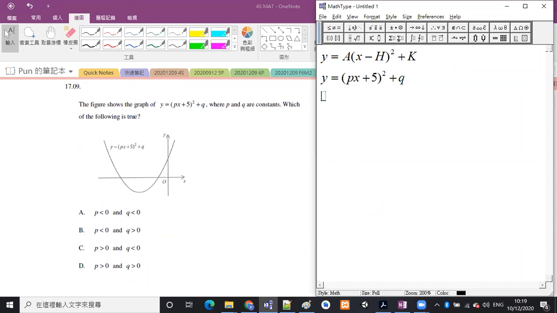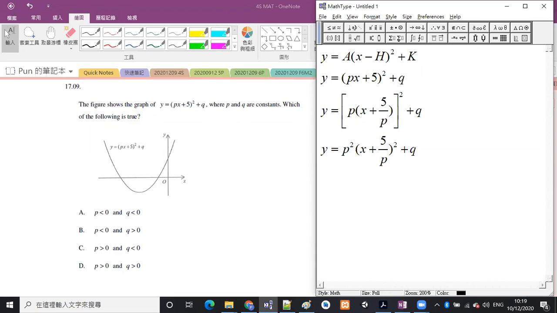So we are going to change this to be a perfect AHK form first by taking out the p. Okay. And then distribute the square to the p and to the bracket.